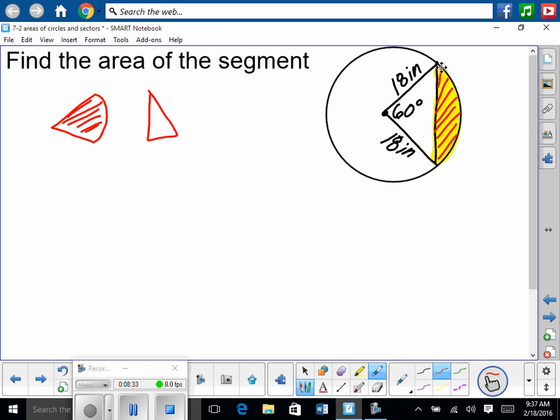They say take the area of the sector, subtract the area of the triangle, and that will equal the area of the piece, which is what we're doing. Do you get what I'm saying, everybody? Okay, so let's find the area of the whole sector. Area is equal to the degrees of the section, which is 60 over 360, times pi r squared, so times pi 18 squared.